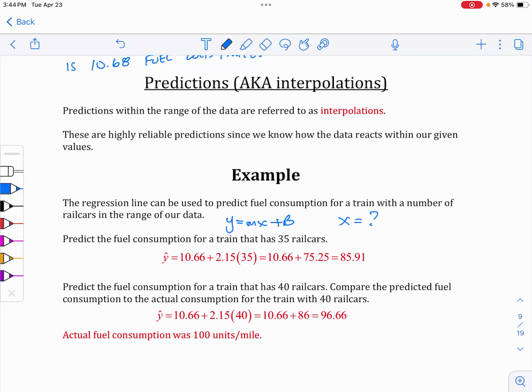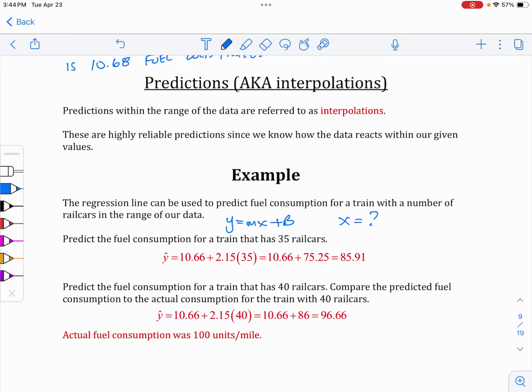StatCrunch will do this for us as well. So I wrote up my equations here generally, and notice I even wrote 10.66 because StatCrunch is going to handle it. I want to predict the fuel consumption for a train that has 35 rail cars. Well, the calculation that is happening is I'm putting in 35 for x, multiplying it by the slope, adding it to that value, and I get out the value.